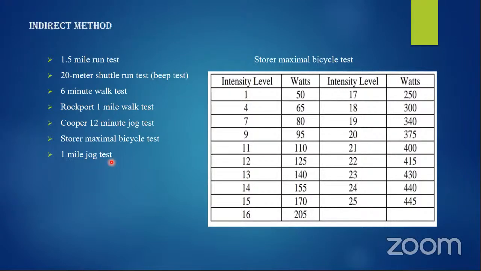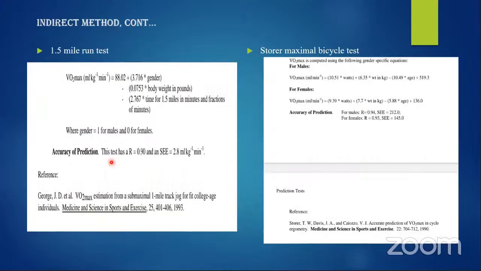Here come a few formulas. So this formula is for 1.5 mile, multiplied by gender, which should be taken for males or females, minus 0.0753 multiplied by body weight in pounds.